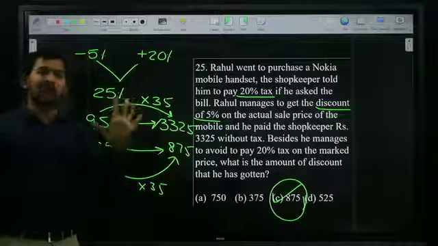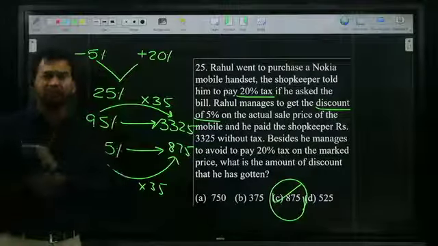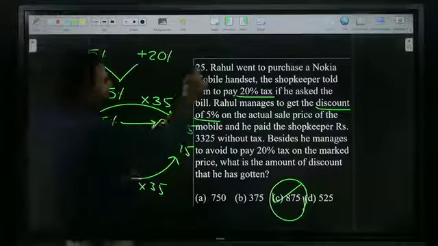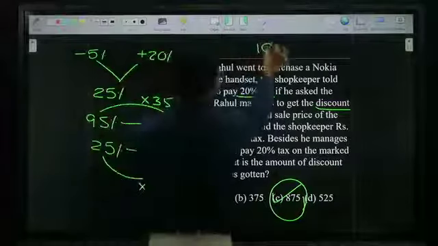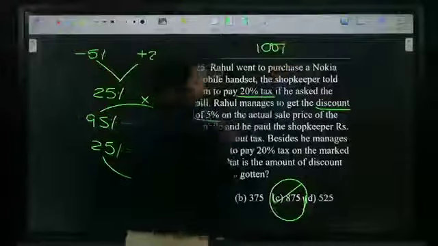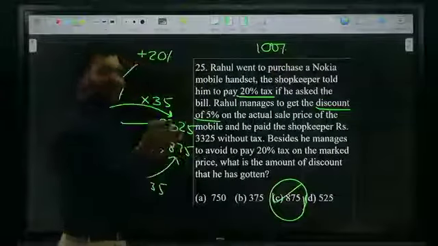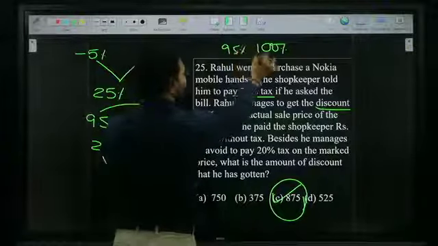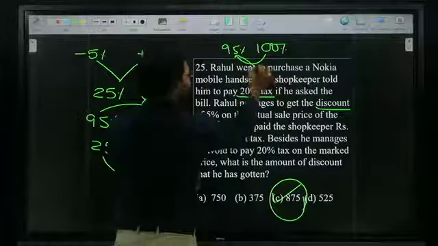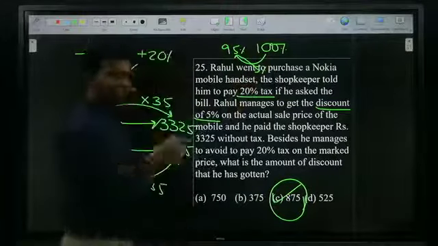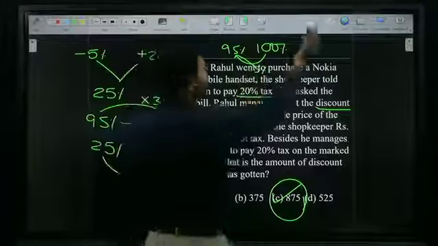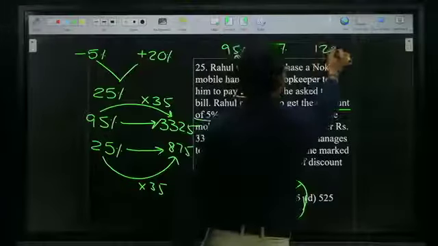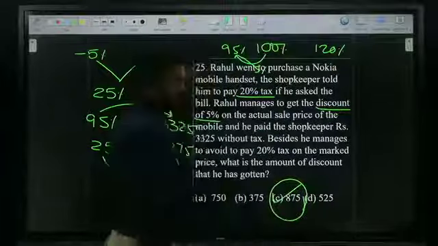Here, Rahul is expecting a 5% discount. MRP is 100%. A 5% discount is nothing but 95%. But the shop owner said 20% extra tax, which is 120%.